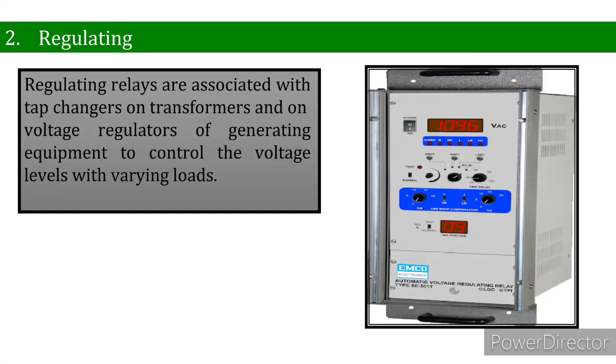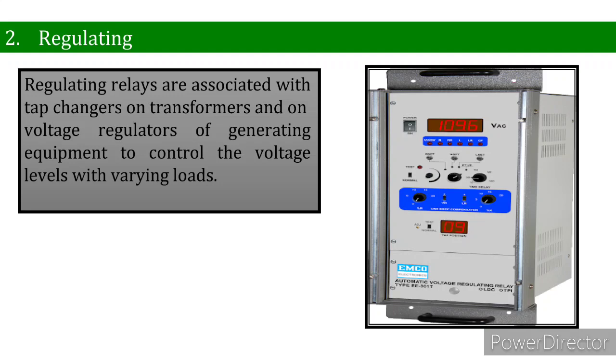Now the second type is regulating relays. Regulating relays are associated with tap changers on the distribution transformers and also the power transformers, and on voltage regulators of generating equipment to control voltage level with varying loads.